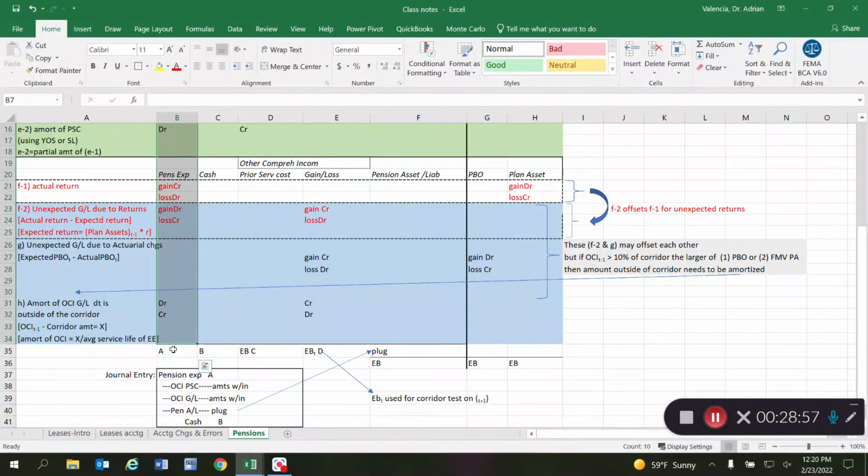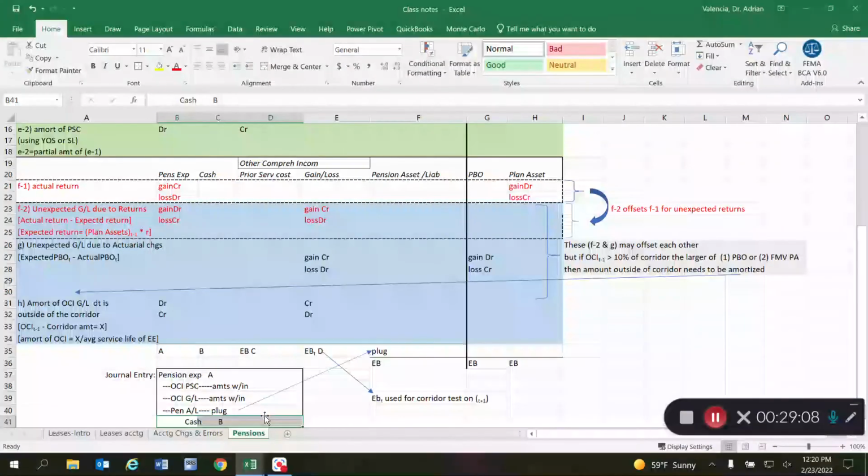Once you net those out, that's A, and that's what goes right here in your journal entry. Next, column B, cash. This is what you paid, so this is directly in here.